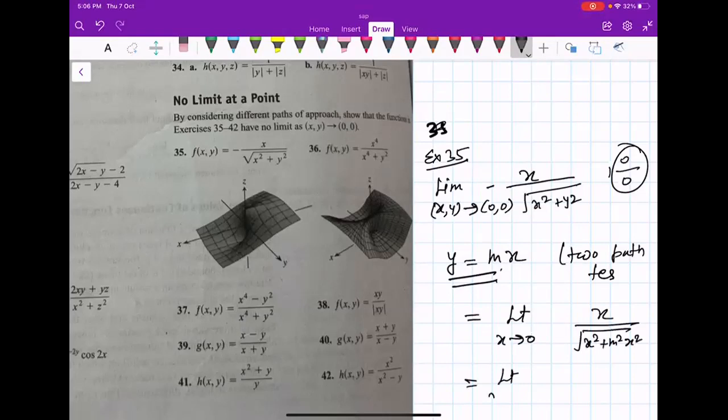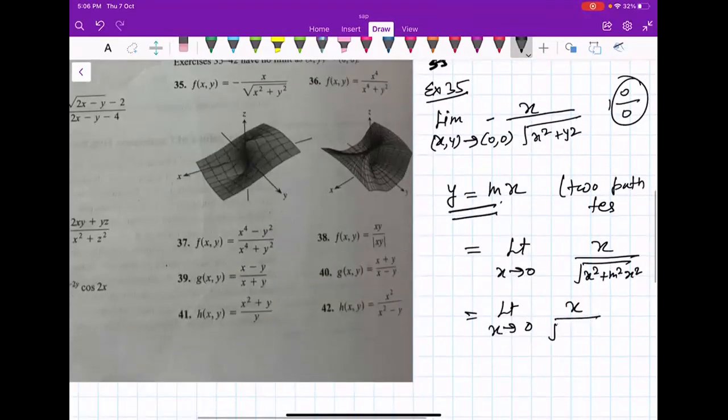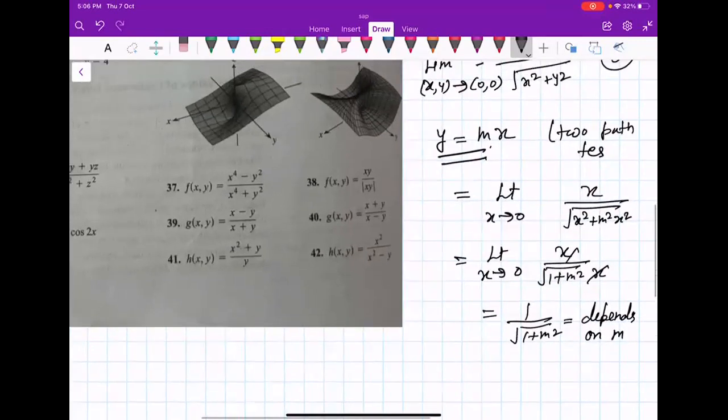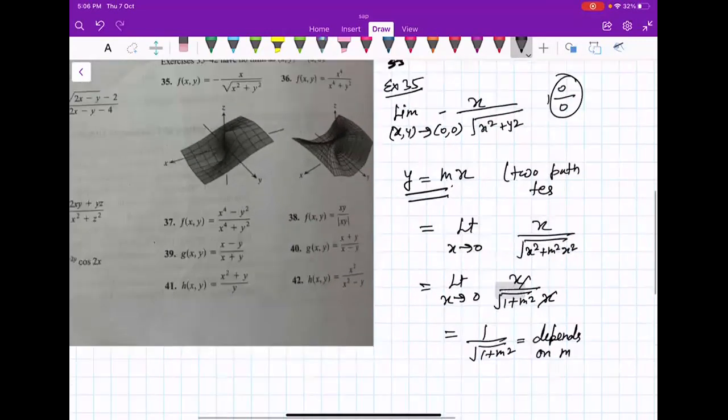So limit x is tending to 0, x upon, here we are getting 1 plus m square x. So here the limit is depending on m, 1 plus m square. Okay. So limit depends on m. So limit does not exist.